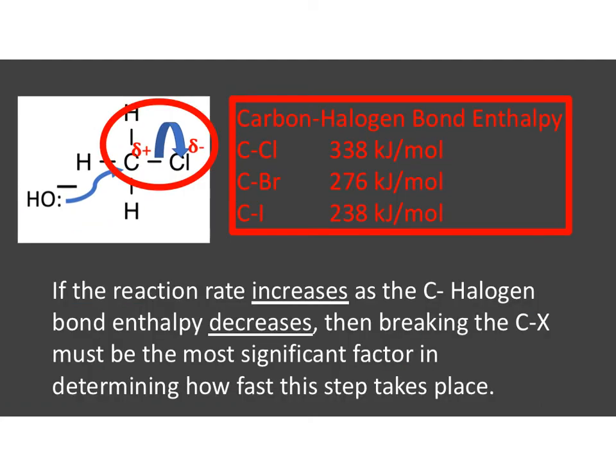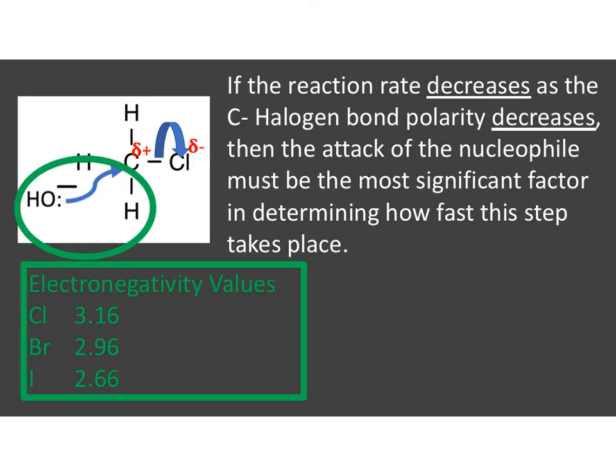So when we come to test this in the lab, if the reaction rate increases as the carbon-halogen bond enthalpy decreases, then we can conclude that the breaking of the C-X bond must be the most significant factor in determining how fast this step and therefore reaction takes place. However, if the reaction rate decreases as the carbon-halogen bond polarity decreases, then the attack of the nucleophile must be the most significant factor in determining how fast the step takes place.